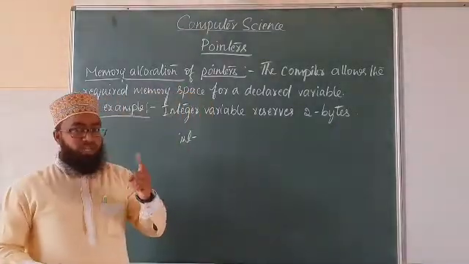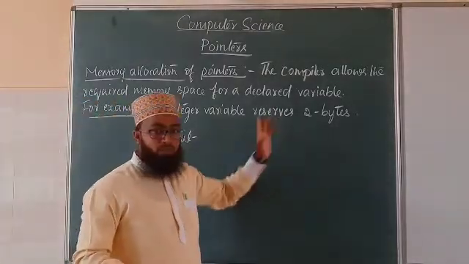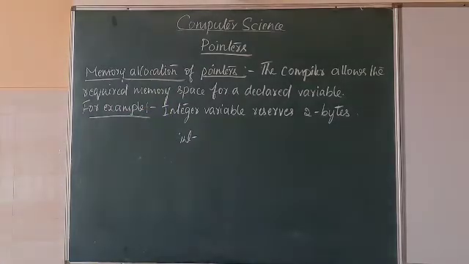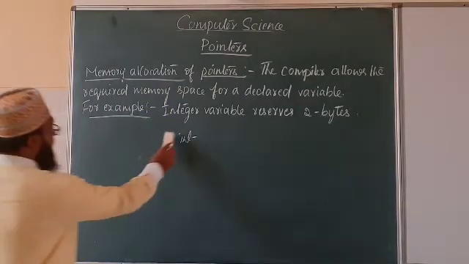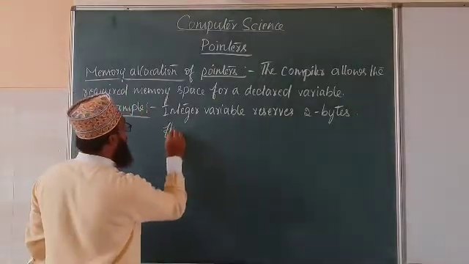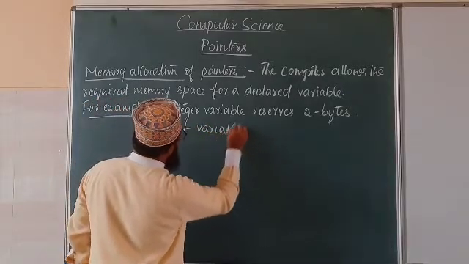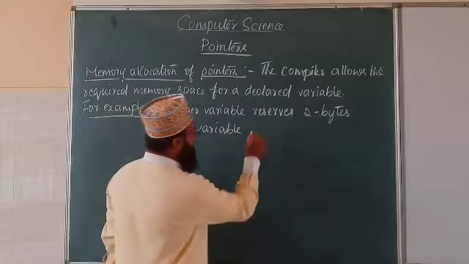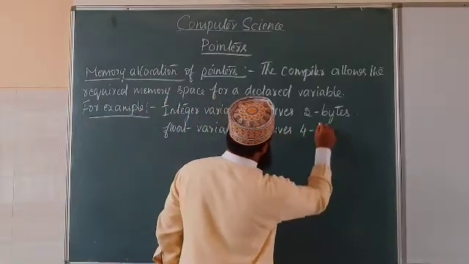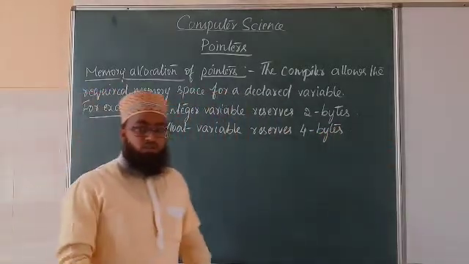Each variable of integer type will take 2 bytes of memory. Then a float variable reserves 4 bytes.